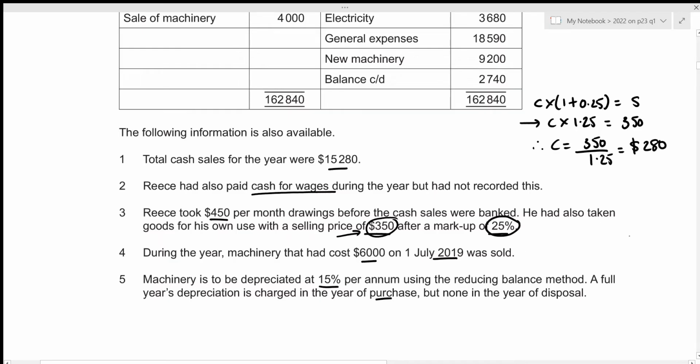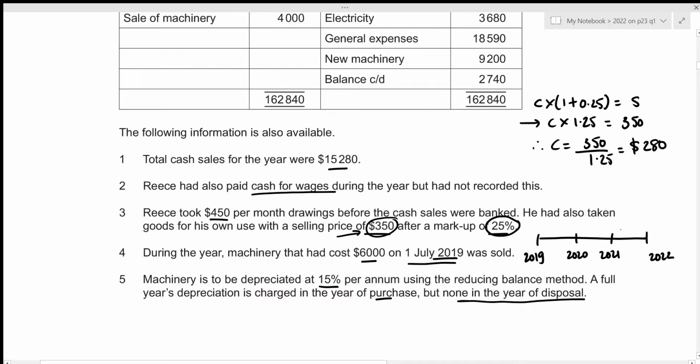It was bought on 1st July 2019, right? And our current ending date is for 2022. So this is 2021, this is 2020, and this is 2019. And we are disposing this machinery at the year ended 30 June 2022, and we are also told that no depreciation should be charged in the year of disposal.